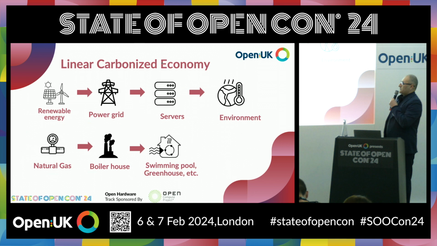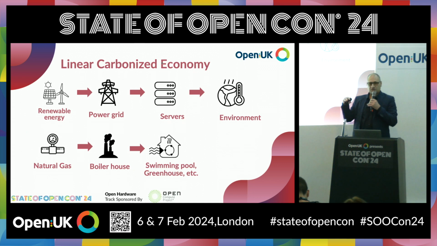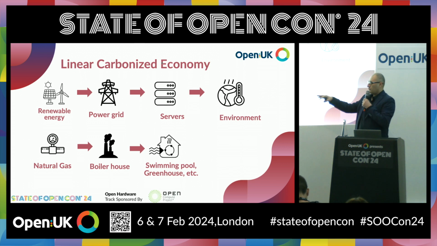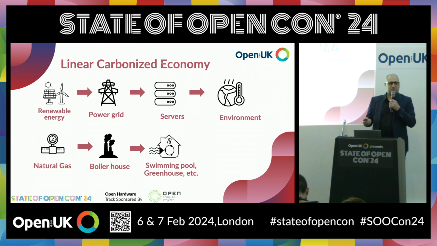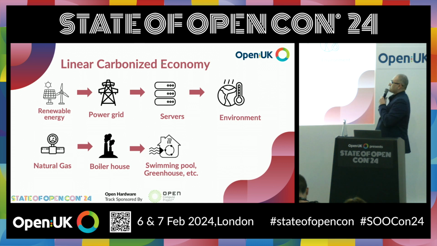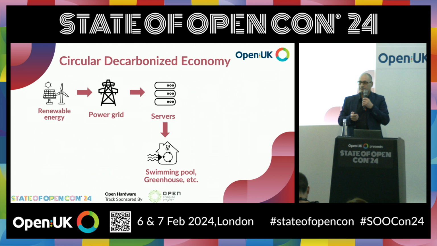So what we have today: data centers use renewable power, convert all that electric energy to thermal energy, and reject it to the environment. At the same time, in parallel, we have houses and district heating operators which use fossil fuel to heat their swimming pools, buildings, greenhouses, dairy factories, beverage plants, etc. So our approach, a circular decarbonized economy, is to reduce consumption of natural gas and heat rejection to the environment, and use that heat for heating.